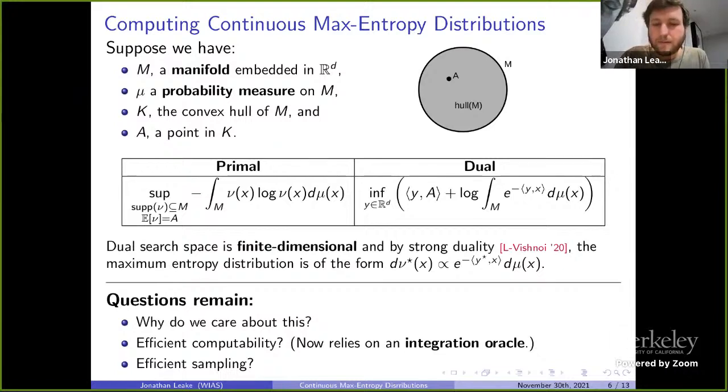I'm cheating a little bit here. This nu is really the Radon-Nikodym derivative with respect to mu. So this really is minus Kullback-Leibler divergence. I just wanted to write it in this way to make it look like entropy, to give the intuition. But yes, this nu is really a density function with respect to mu, and so this ends up being the KL divergence. That makes sense. Thanks.